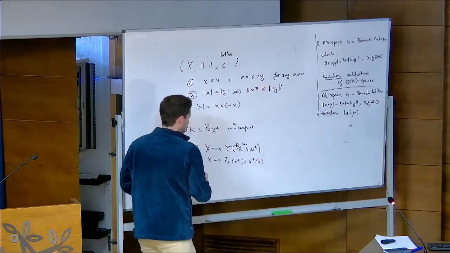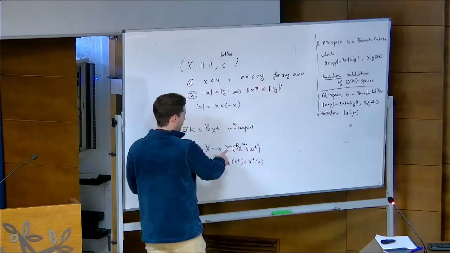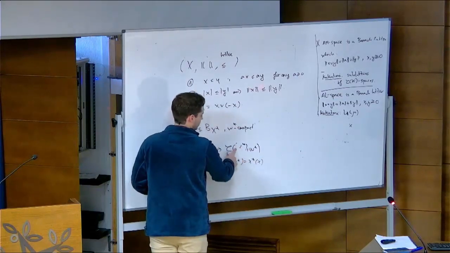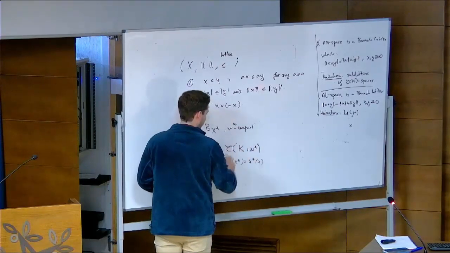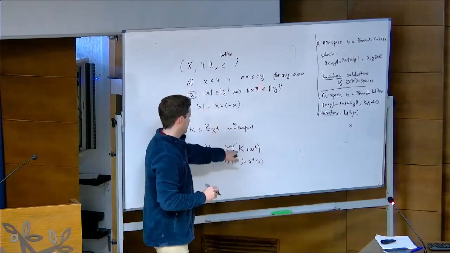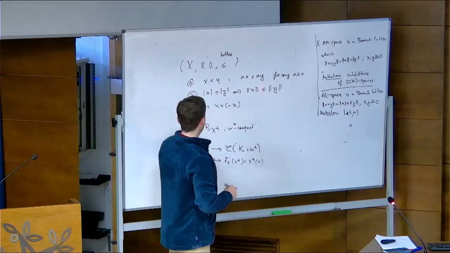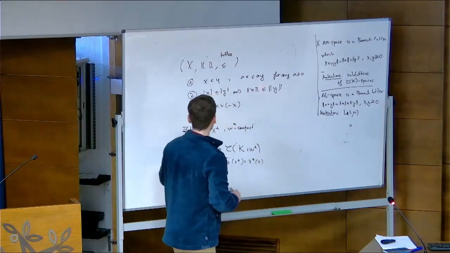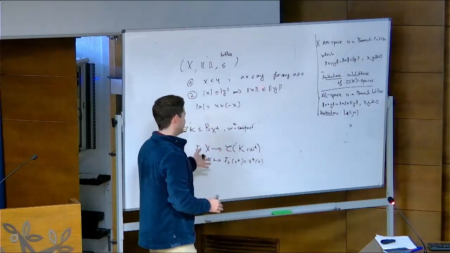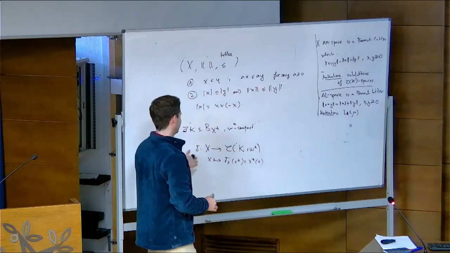And when this map restricted to K is an isomorphism, the characterization says this, basically.